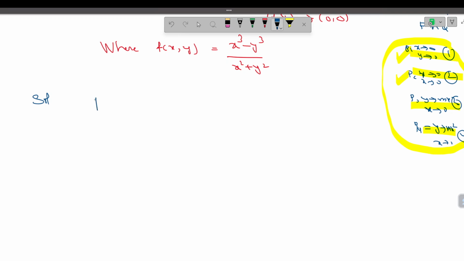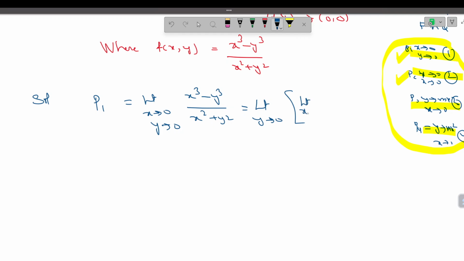First, P1: limit x tends to 0, limit y tends to 0 of (x cube minus y cube) by (x square plus y square), with limit y tends to 0 outside.